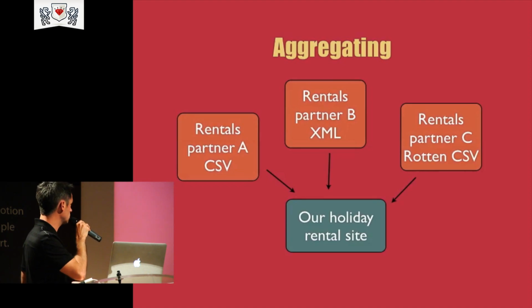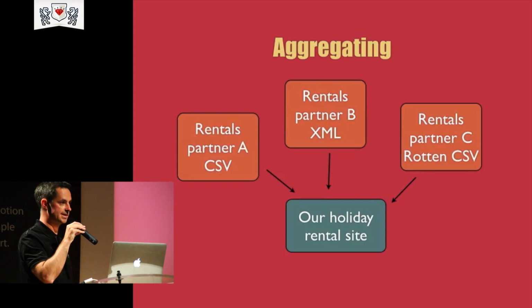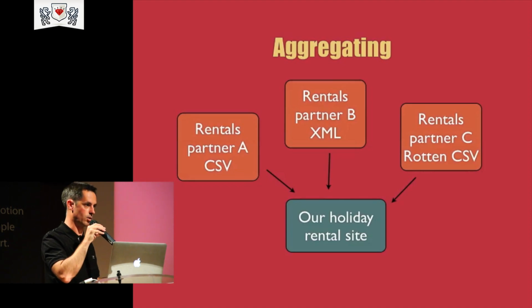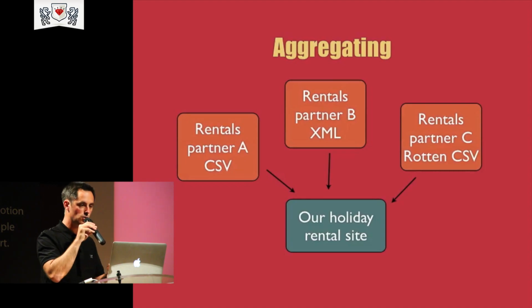The first partner is going to bring CSV data, the other one XML, the other one rotten CSV, where you have to do all sorts of workarounds because they provide duplicate and wrongly formatted data, all in the same site. Then using Ruby and ActiveWarehouse-ETL, you can merge the data to a common schema and then bring it into your Rails app where you can index the data and provide a good experience.